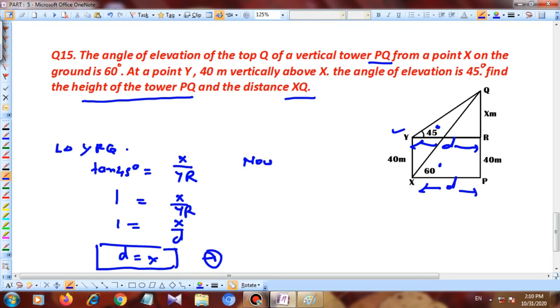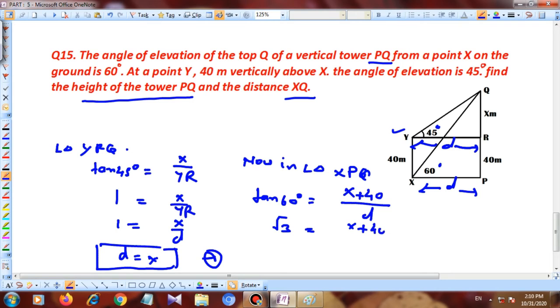Now in right angle triangle XPQ, here tan 60 equal to x plus 40 upon D, right? Value of tan 60 is root 3.